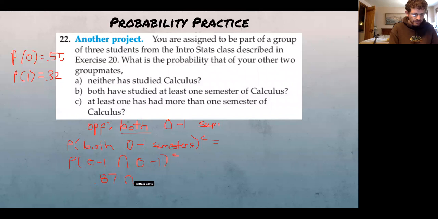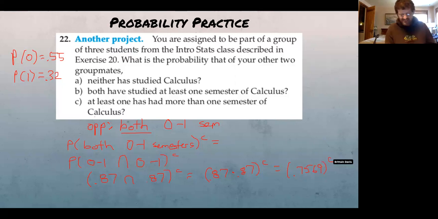And 0.87. And of course, the complement of this in the end. So what this does is I can do my 0.87 times itself, which gives me 0.7569, complement.